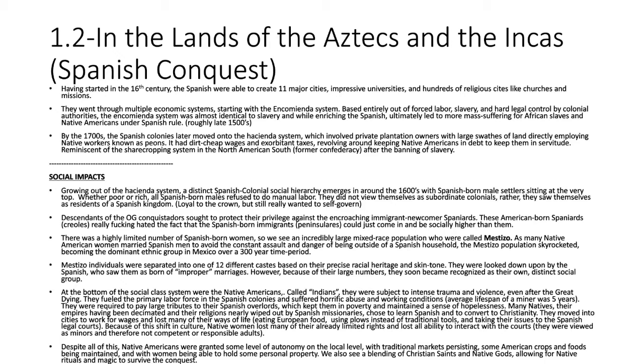There's a distinct word which can be used to describe this. Does anybody have any guesses as to what this might be? There's a distinct word which we can see describing what happens to Native American culture and Native Americans at this time.